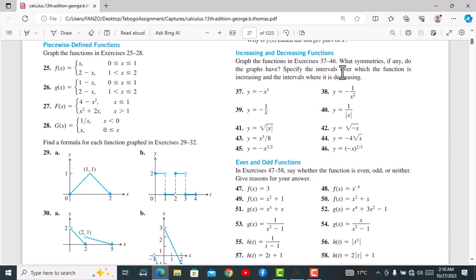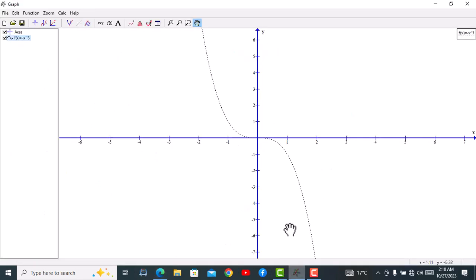Okay, specify the intervals over which the function is increasing and decreasing. So let us look at the function. Remember, the function increases if f of x2 is greater than f of x1, therefore the graph is increasing. And if f of x2 is less than f of x1, the function is decreasing. So let's just pick any values in here.